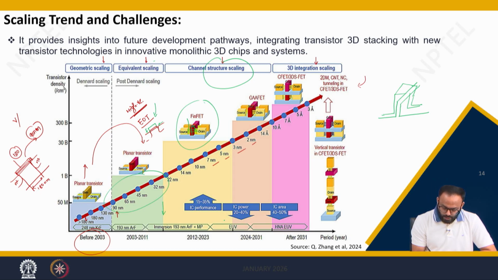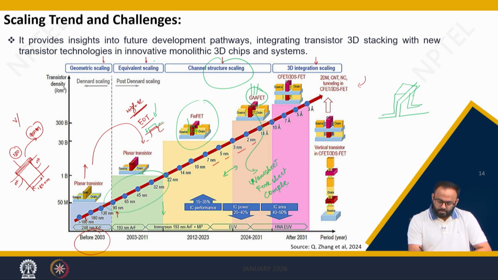Now, post 2023, the research entered into non-planar GAA, which is gate all around FET or gate all around transistor, under which we mention nano sheet FET, fork sheet, and complementary FETs, right.